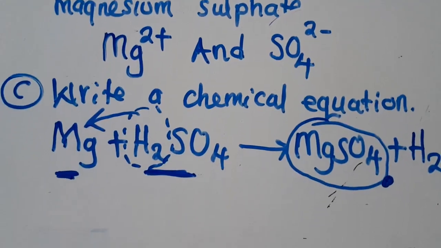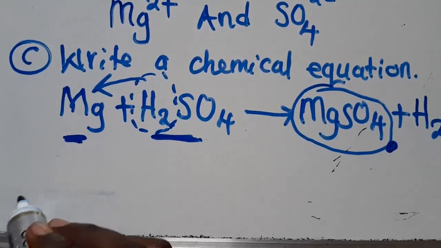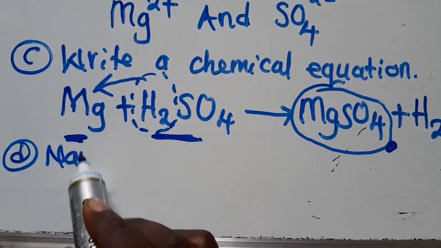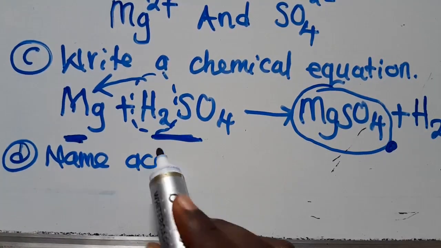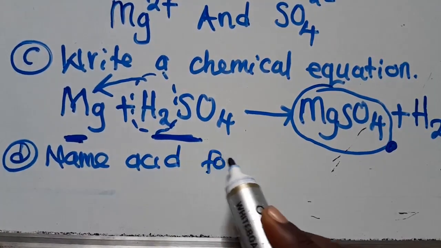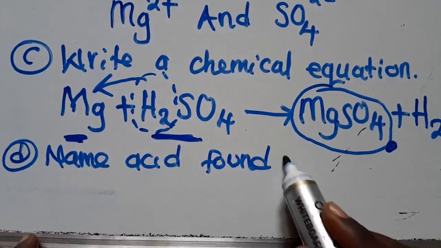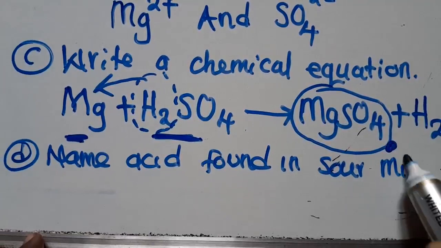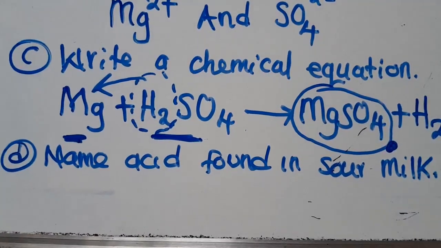Then we've got the last question that was under this. The last question was telling us to name the acid found in sour milk. What do we call the acid that is found in sour milk?